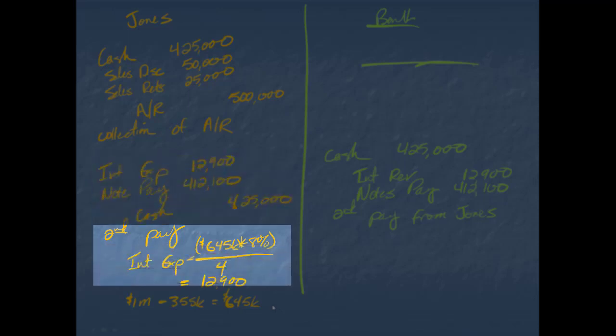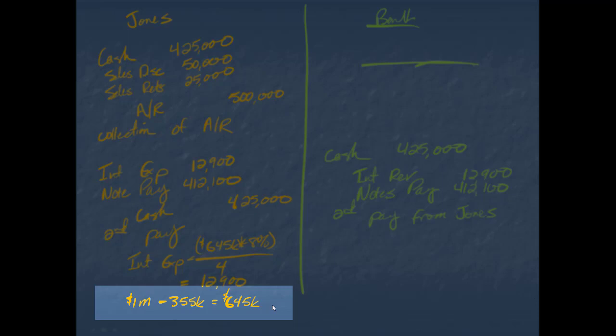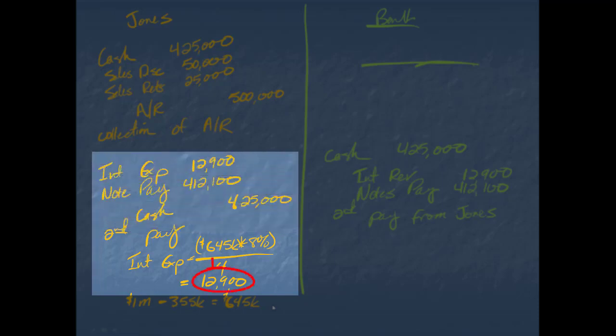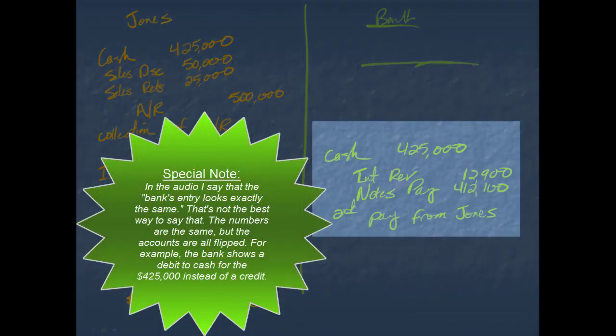So we need to take the $1 million minus the payment that we made, $355,000 on principal. That gives us $645,000 left that we have to pay interest on. So 645 times the 8%, again divided by 4 because it's quarterly instead of annually, gives us $12,900 in interest. It's dropped a lot since the $20,000 that we had to pay last time, because we don't have this extra principal. And of course the bank's entry looks exactly the same.